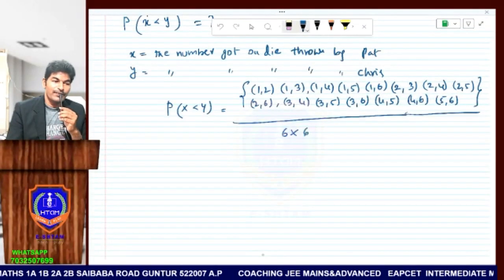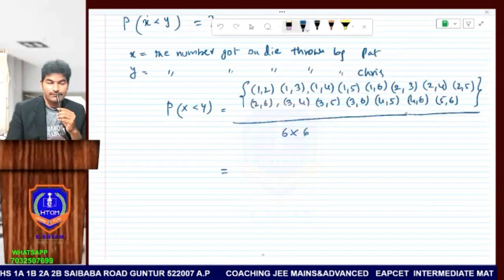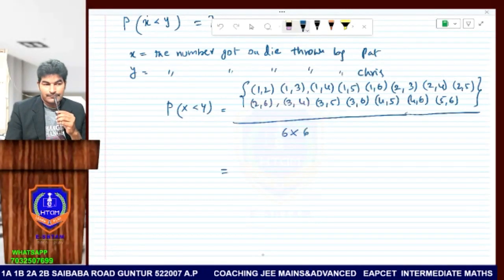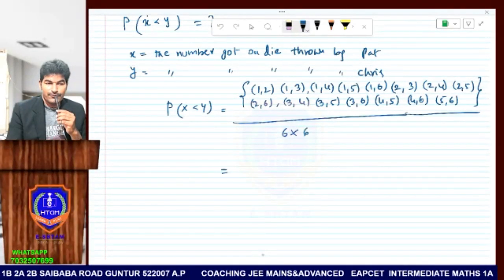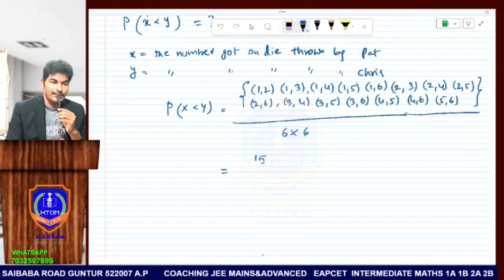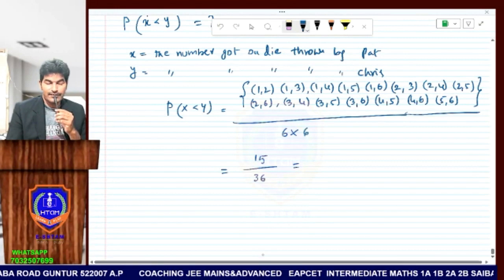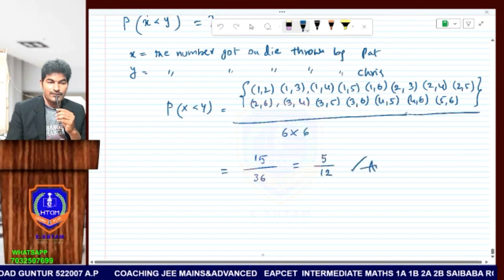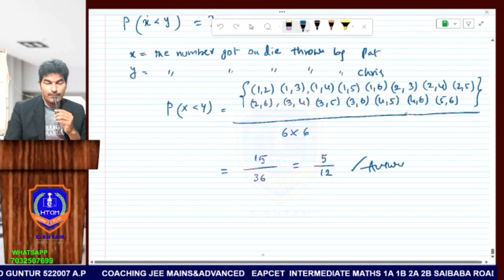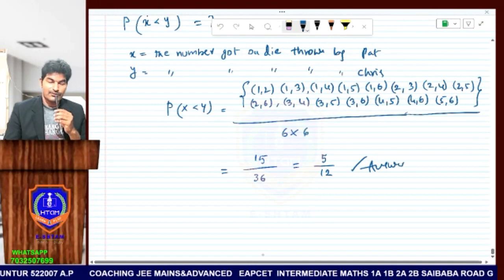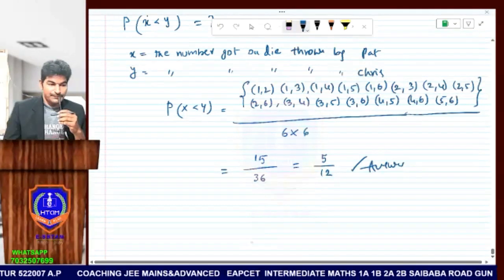Now count how many there are like that: 15. So 15 out of 36, you can cancel by 3, 5 times, 12 times. So 5 by 12 is the probability for that event. Understood?